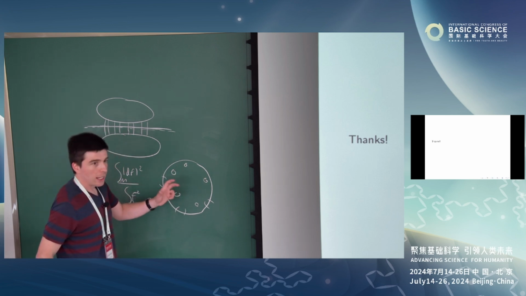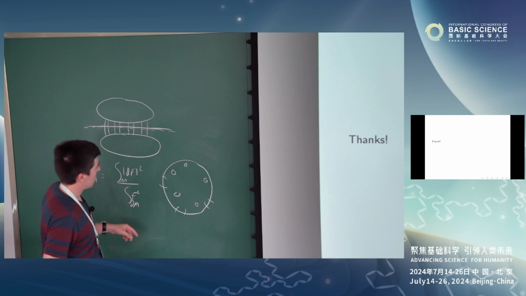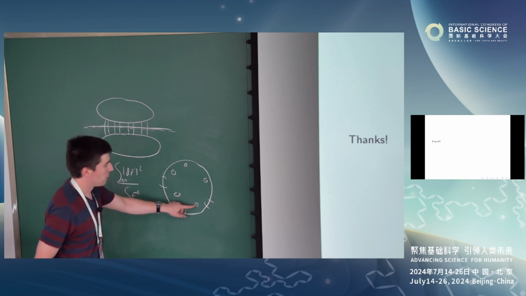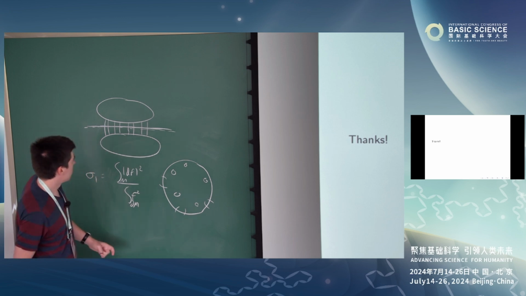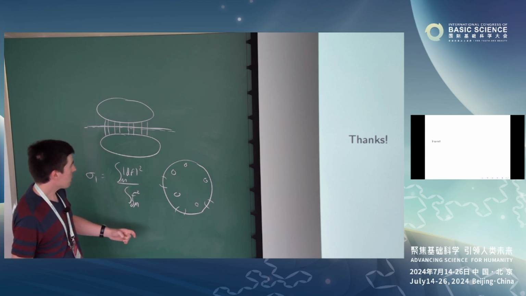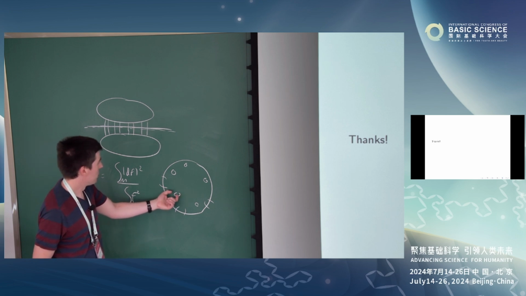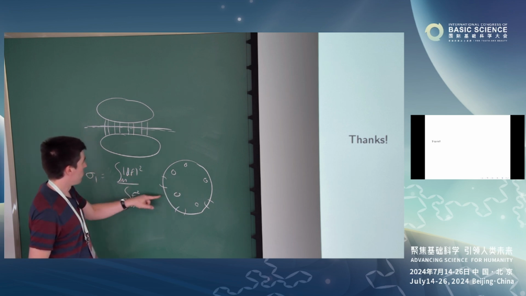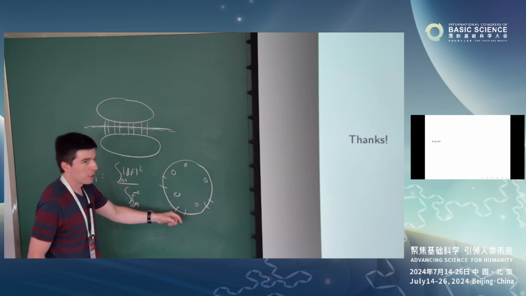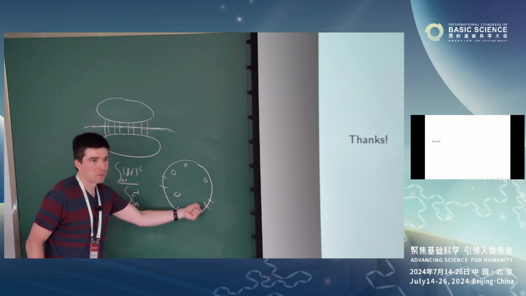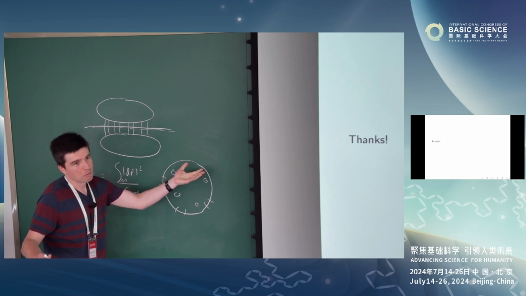If you have an odd eigenfunction, you know it's going to vanish here. Somehow, by vanishing here, the energy controls what's happening on the boundary very well. And so the best way to do that is to put these as close as possible to the boundary. That's the rough idea.